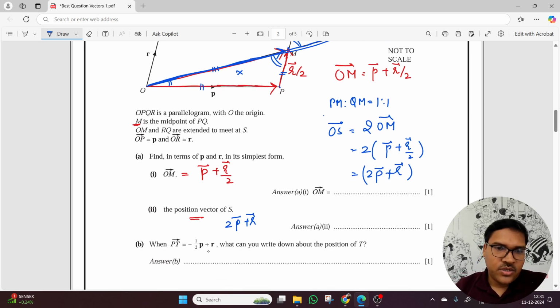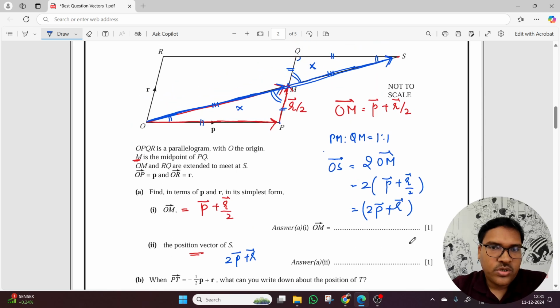Now when the PT vector is equal to minus half P plus R, what can you write down about the position of T? So let's see. What is the PT vector? So you have to write down the position of T. What can you write about the position of point P?